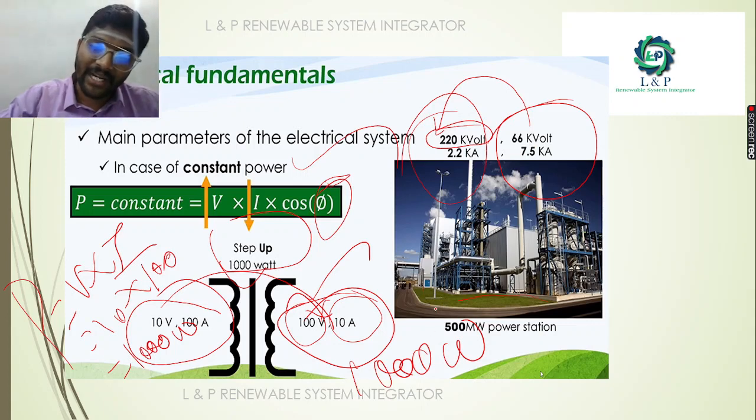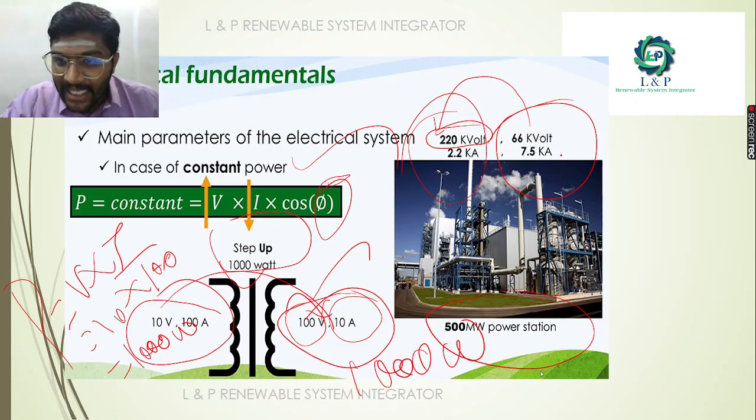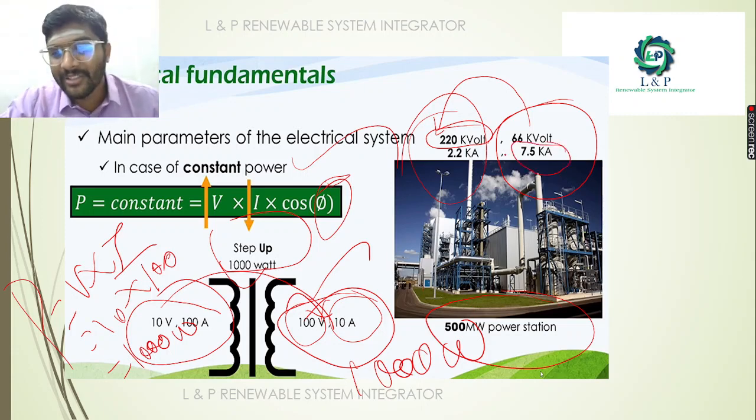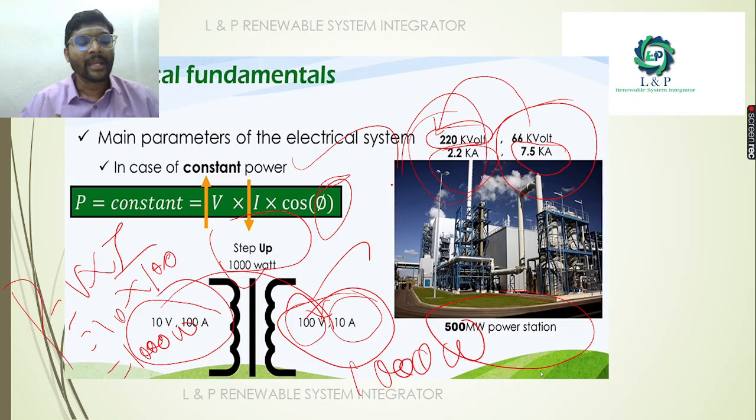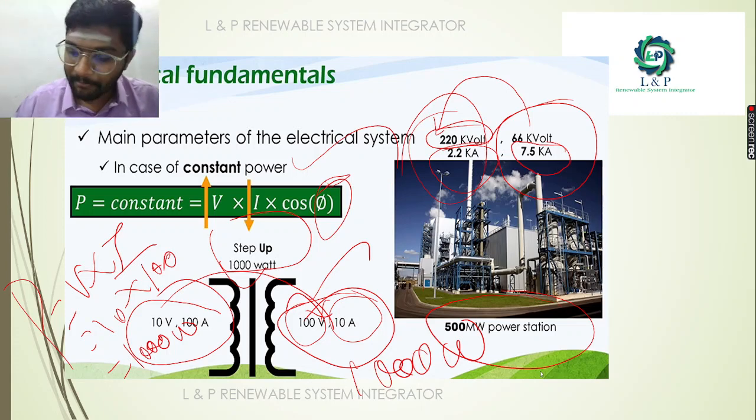Consider we have a 500 megawatt power station, but see the current has been reduced from 7.5 kiloamps to 2.2 kiloamps. So this is how some of the important conversions happen in the step up process.